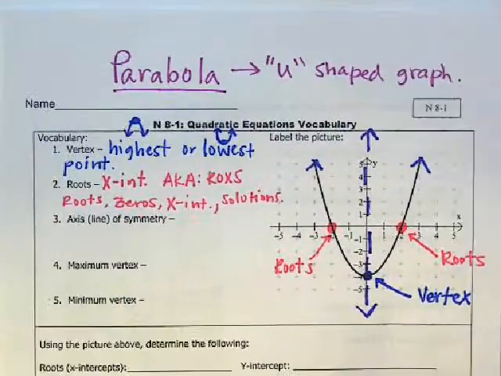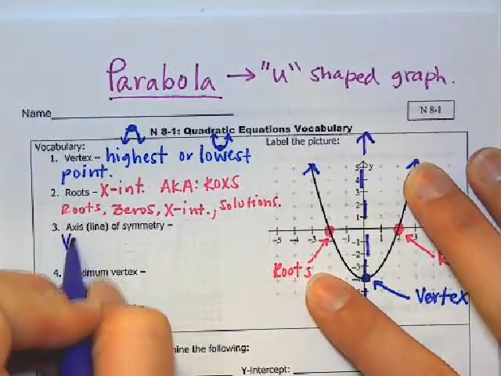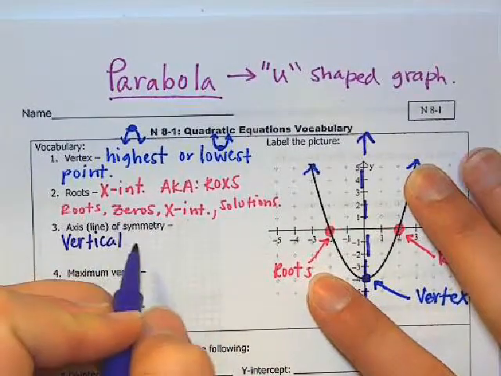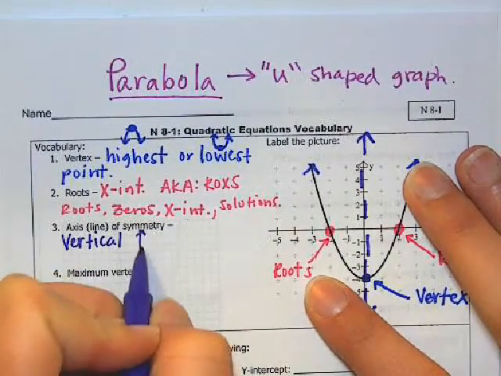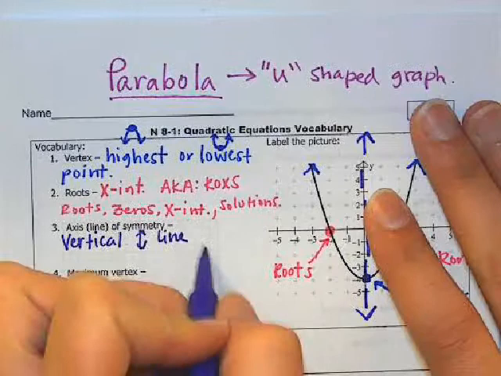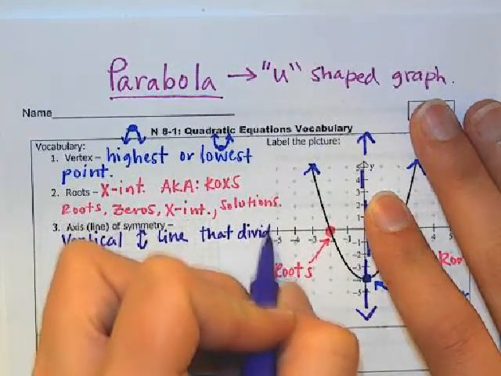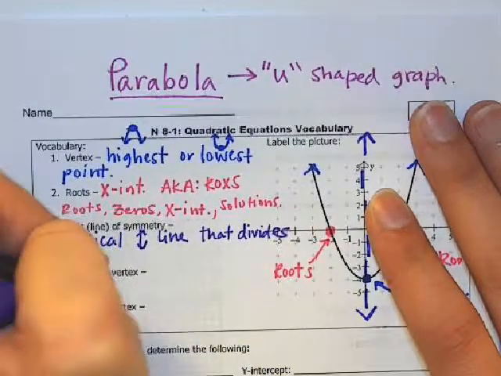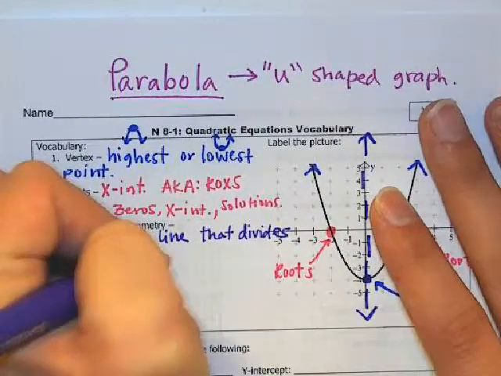Okay, so an axis of symmetry, the definition is a vertical line. What's vertical? Which way? Up and down. So a vertical line that divides the graph symmetrically.